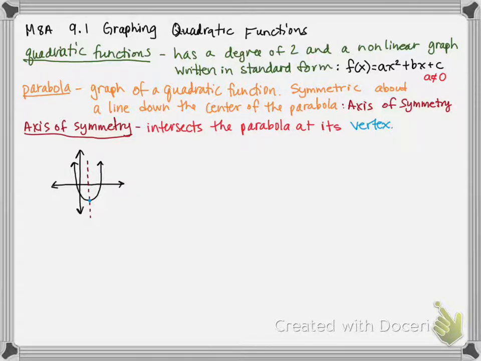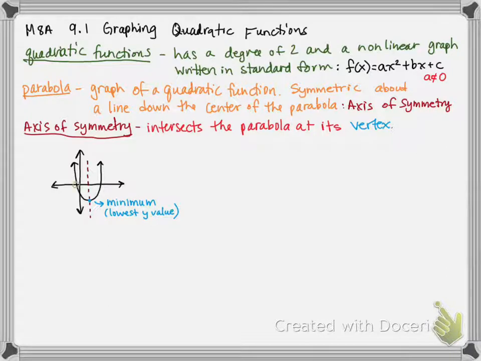Okay. So when the vertex is at the bottom like this, it is considered a minimum, and it's the lowest y value of the parabola. Oh, I did want to mention that we talked about this in class.